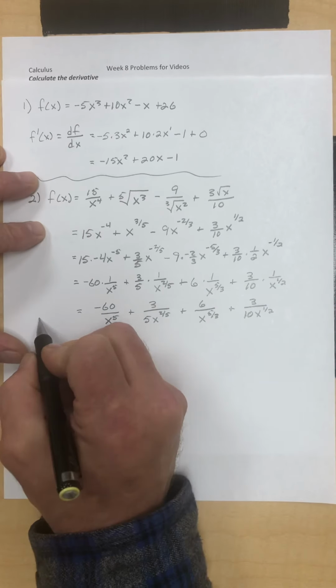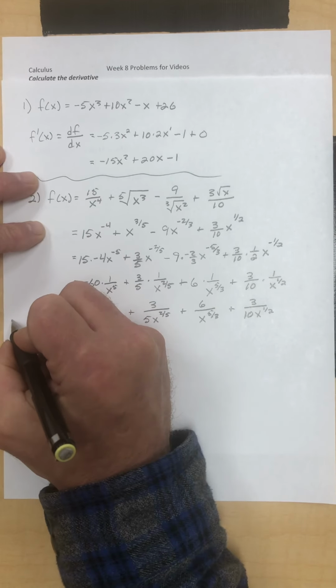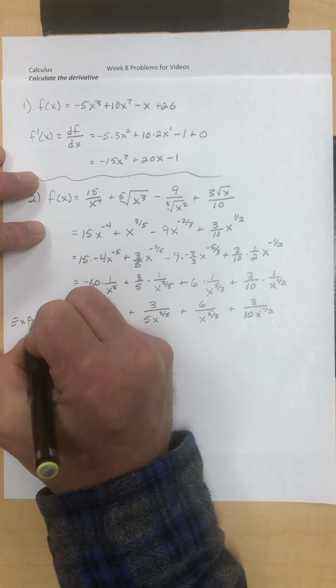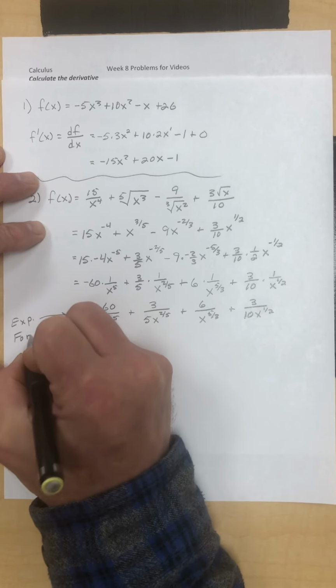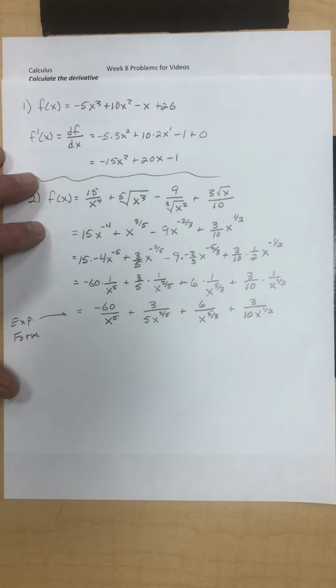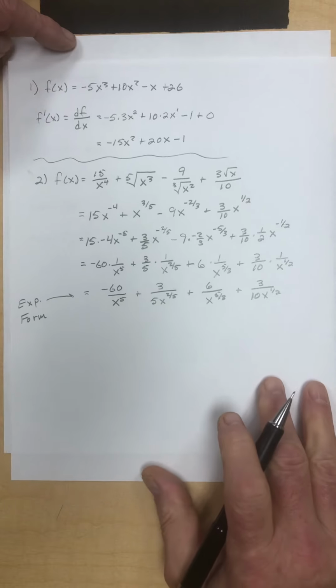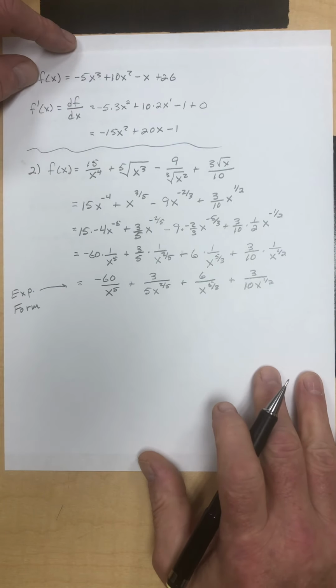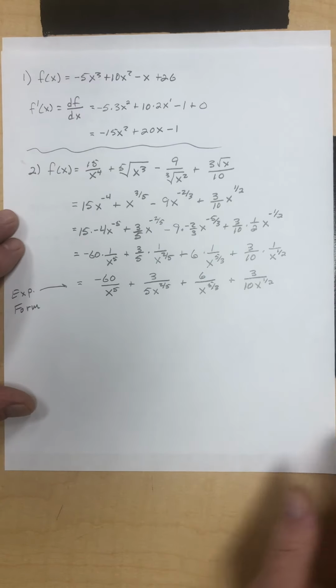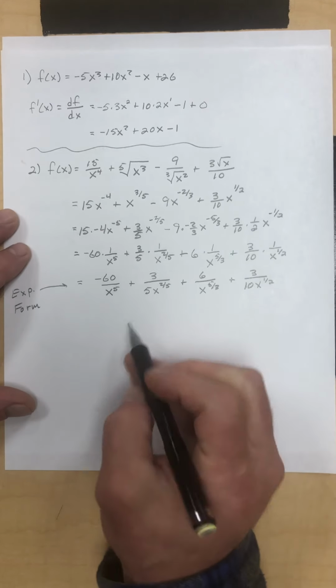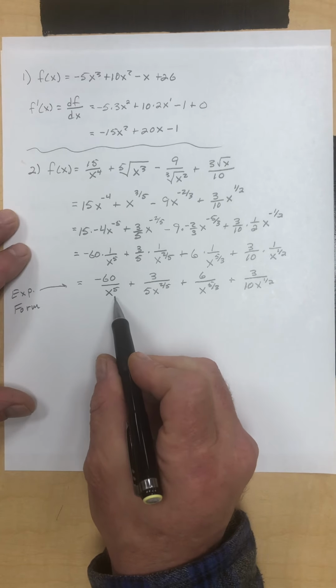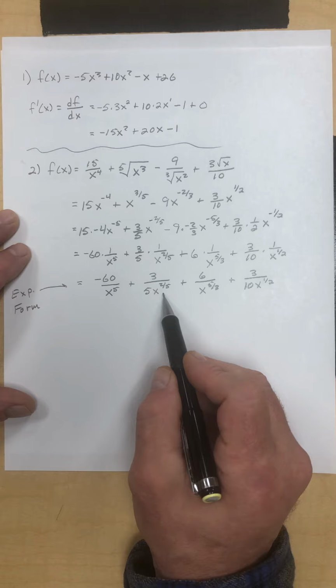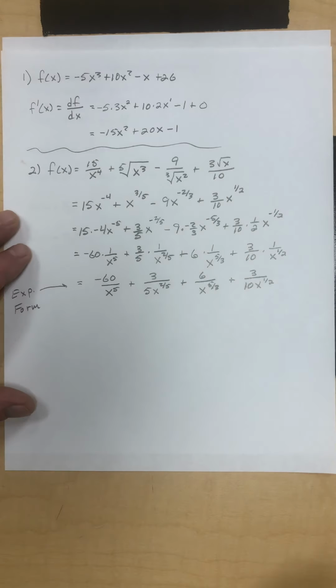So this right here, you could say that is in exponential form. But what if we want to get it out of exponential form and put it back into root form? You don't have to do anything here because obviously that's not a root, but this is a root, that's a root, that's a root.